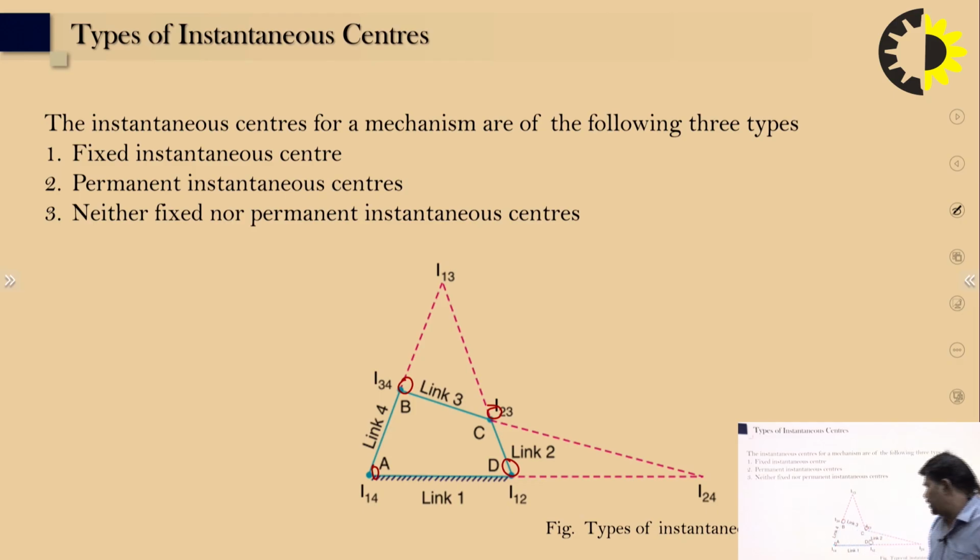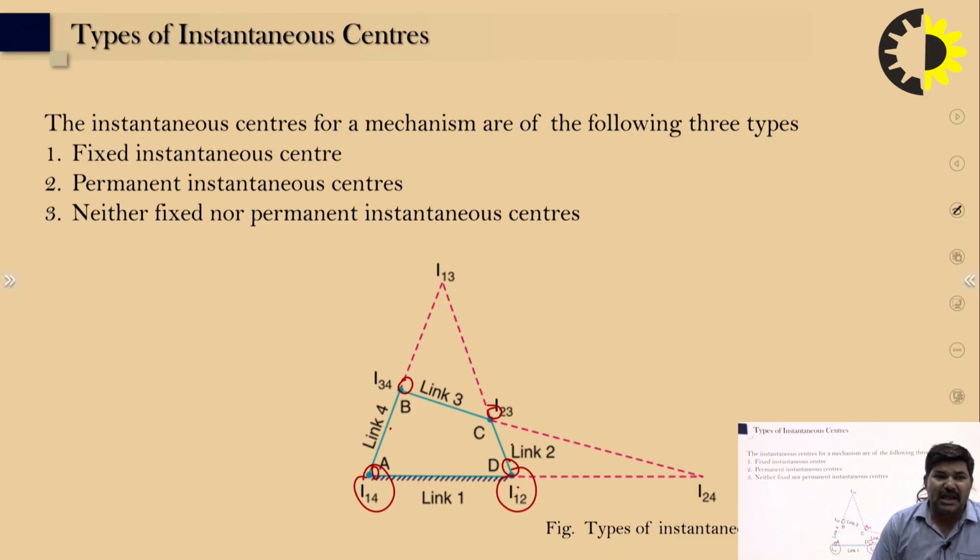You can see here that link number 1 is fixed, so the instantaneous centers between links 1 and 2 and 4 and 1, these two points I41 and I12, are called fixed instantaneous centers, right?